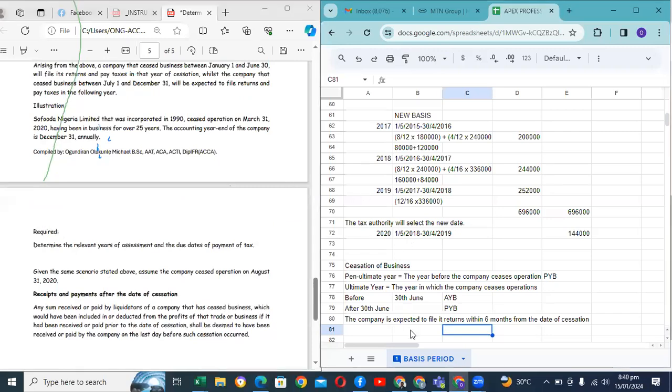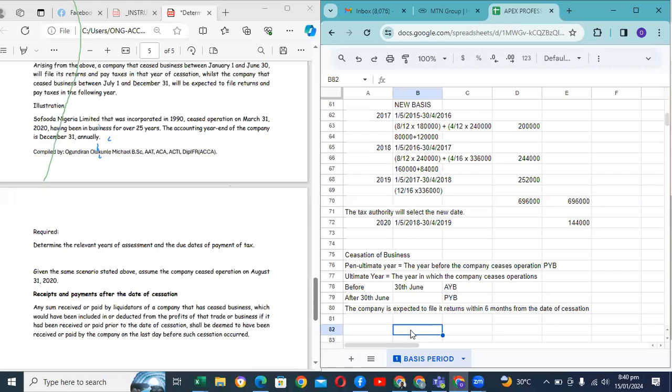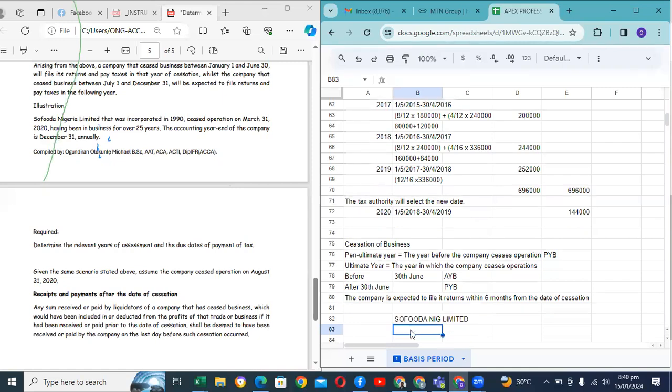Required: determine the relevant year of assessment and the due dates of payment of tax. Given the same scenario stated above, assume the company ceased operation on 31st August 2020.